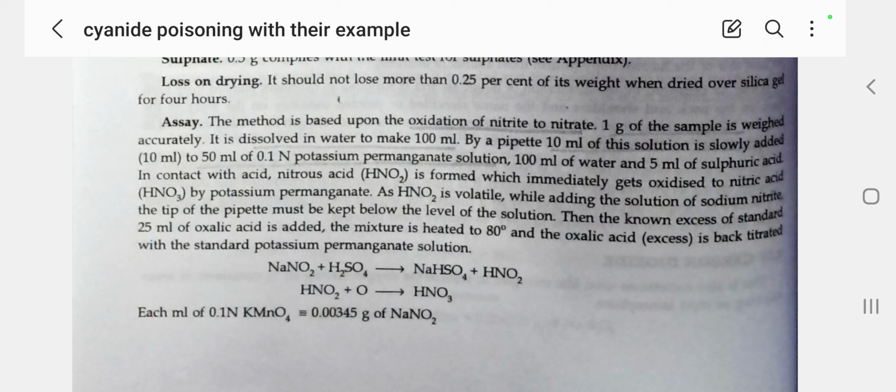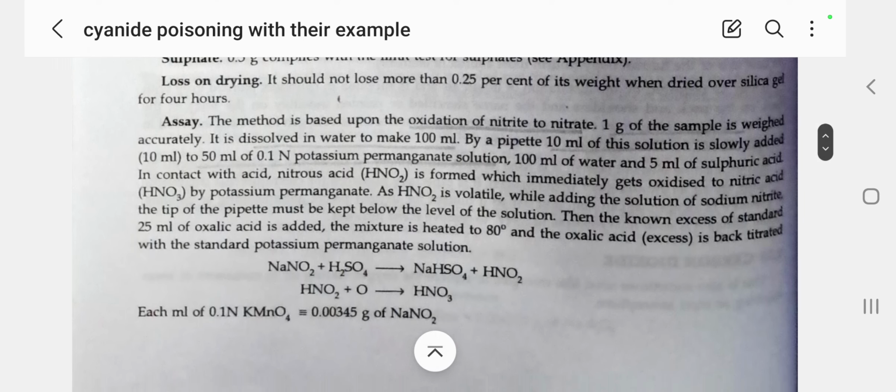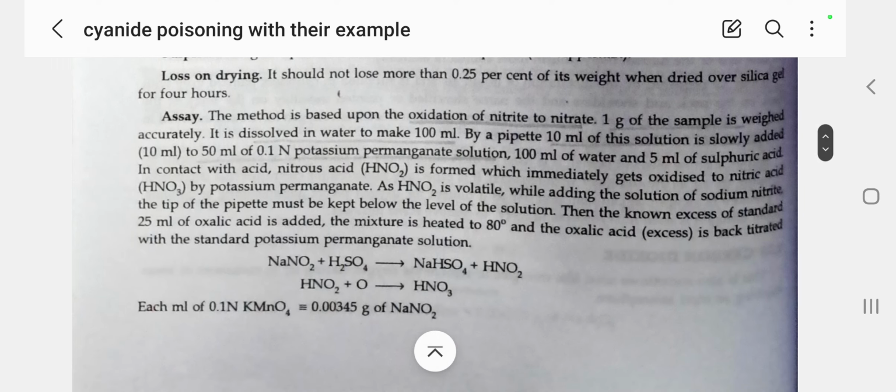So overall, how do you perform the assay? This mainly depends upon the oxidation of nitrite to nitrate. Sodium nitrite on acidification gives nitrous acid, and that nitrous acid on oxidation is converted to nitric acid.